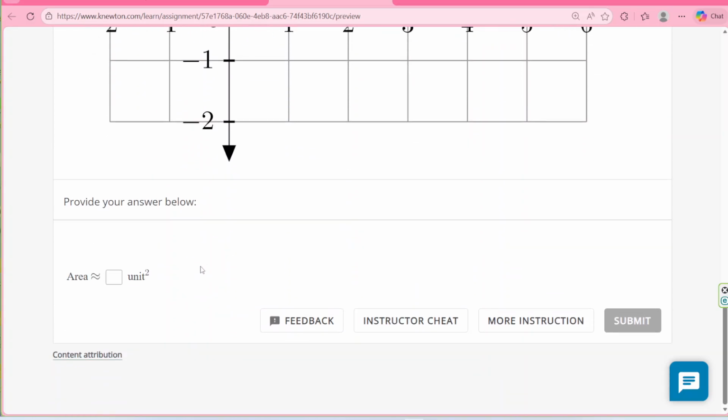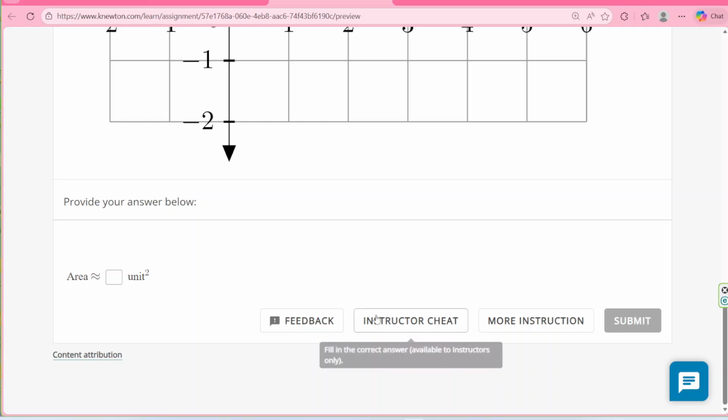And at the very bottom, you should be seeing a feedback button. So if you see any typographical errors, any issues with a particular question, or the solution to a particular question, you can send feedback directly to Knewton support, and hopefully they can fix things for you or assist you in some way.